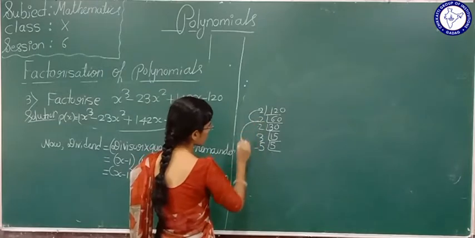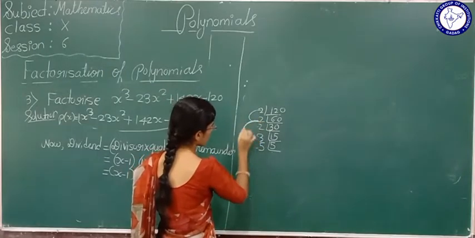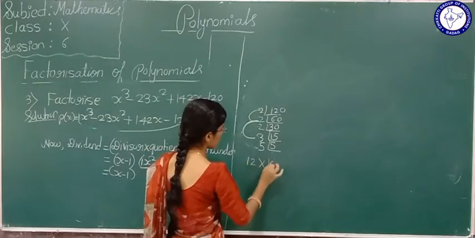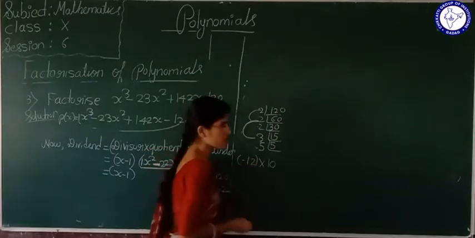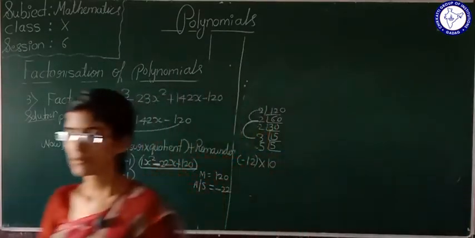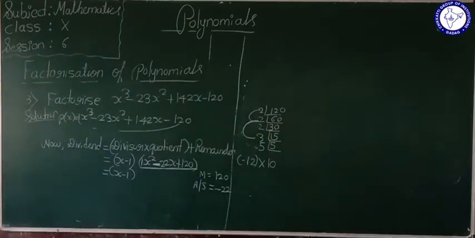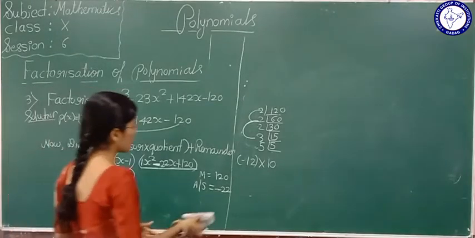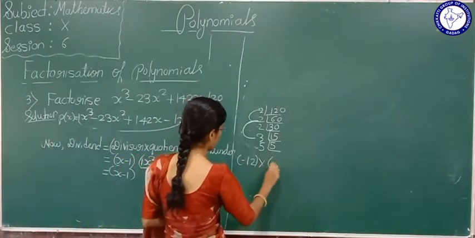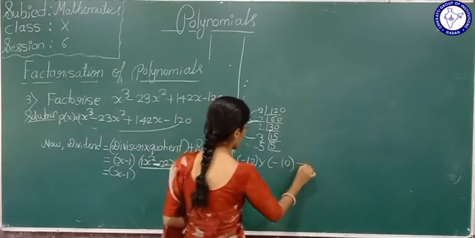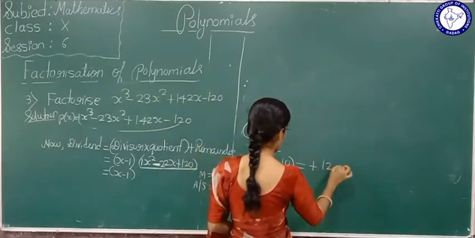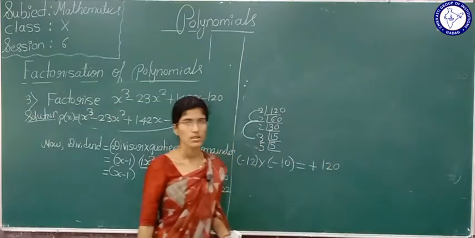2 2s are 4, 4 3s are 12. 12 into 10. Now say if I take minus 12 minus 10, minus minus plus, 12 tens are 120.